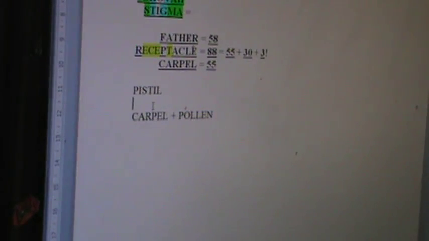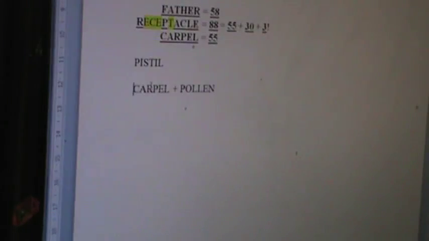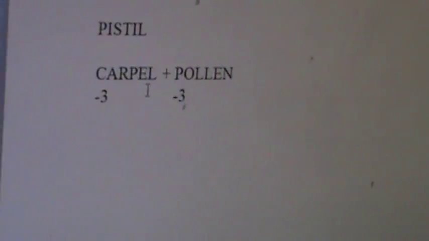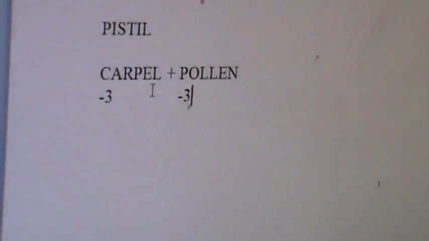Actually, what's really awesome to me is that carpal, we've seen this, carpal is exactly 3 points less than Father, and pollen is actually flawless in its design for Christ, is exactly 3 points less than Christ. So that's a very beautiful correlation. Okay. Carpal plus pollen, Father plus Christ. And we've seen this everywhere.